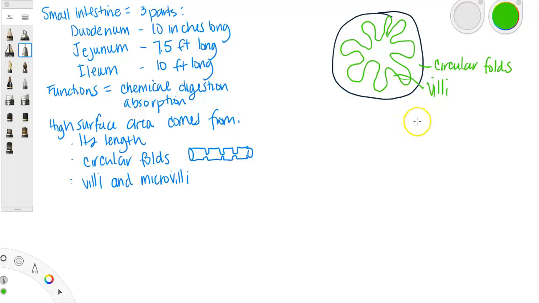And villi are lined all around with epithelial tissue, so simple columnar epithelial tissue, and on top of those are going to be microvilli. So the cells are going to look like this.